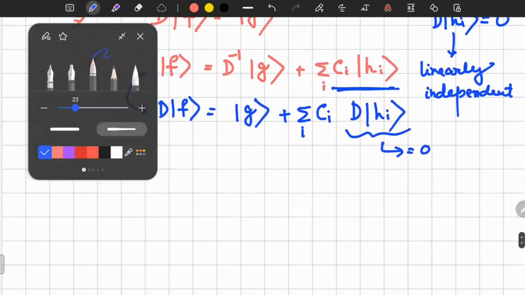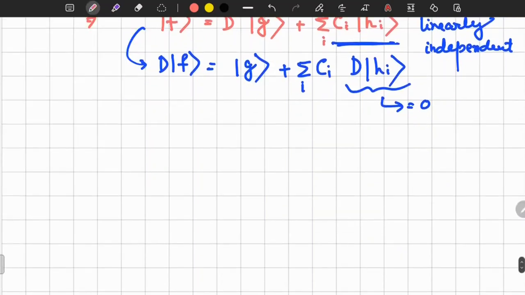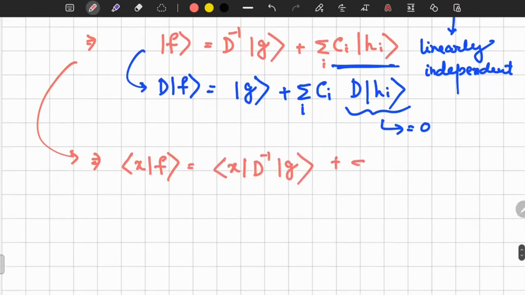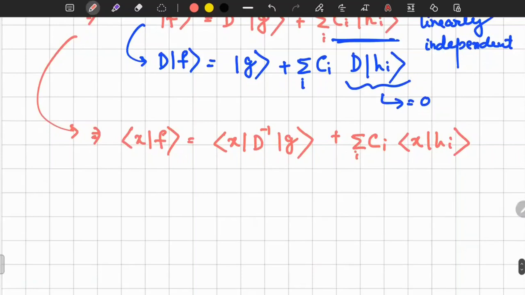Now from here, if we project onto x, then it will be ⟨x|D inverse|g⟩ plus the summation over i of c_i ⟨x|h_i⟩.